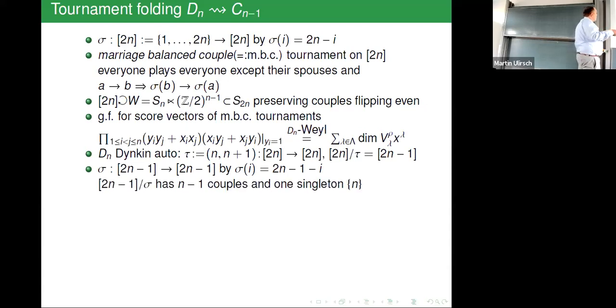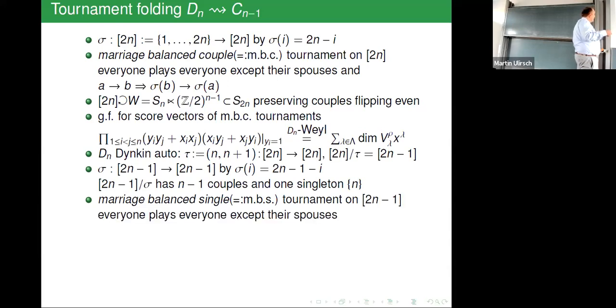So we have n minus 1 couples and a singleton. It is again a merit balance tournament where everyone plays everyone except the spouses, but we have a single player, and the single player plays twice with everyone.